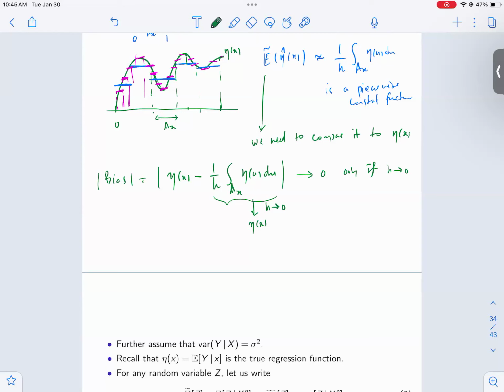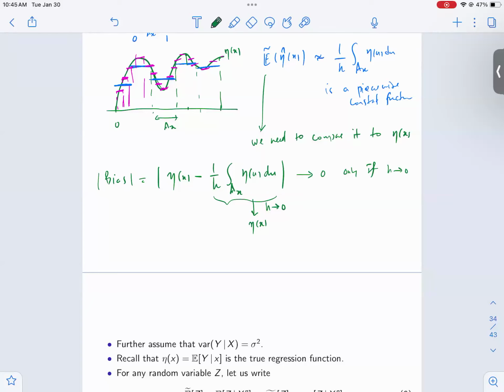For the variance, you didn't need that. But here, for example, if eta itself is piecewise constant, you'd imagine you get a much smaller bias versus something like a sine wave. If you have a sine that varies a lot, approximating it by something piecewise constant is going to be much harder. So I'm going to have to make some assumptions.